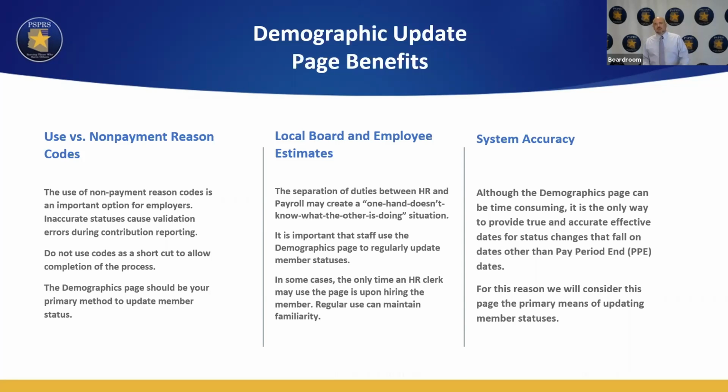Then again, system accuracy, just for the sake of accuracy. The demographic manual page will allow you to provide true and accurate data, true and accurate effective dates and statuses.